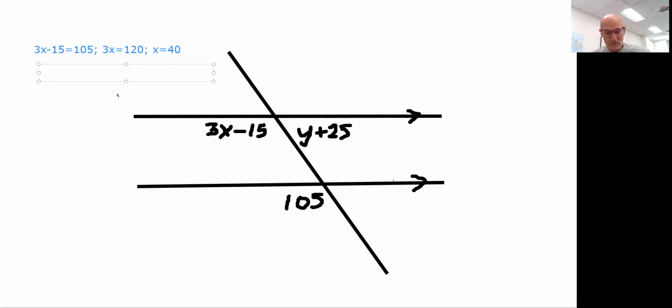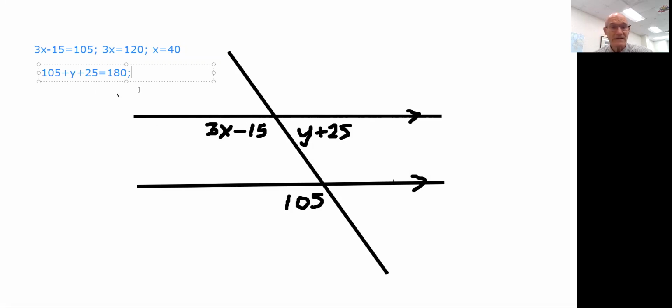So I've got to do 105 plus y plus 25 equals 180, because these two angles form a linear pair. That's the thing, I almost made a mistake there, but I've caught myself. So these two angles here add to 180 because they form a linear pair.